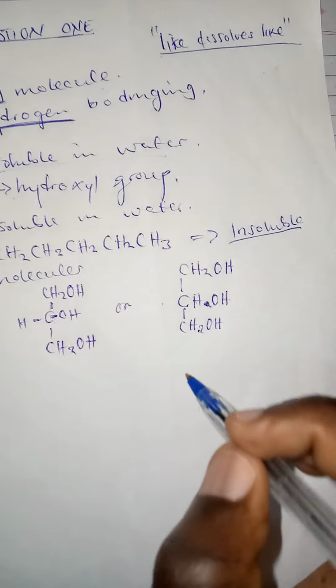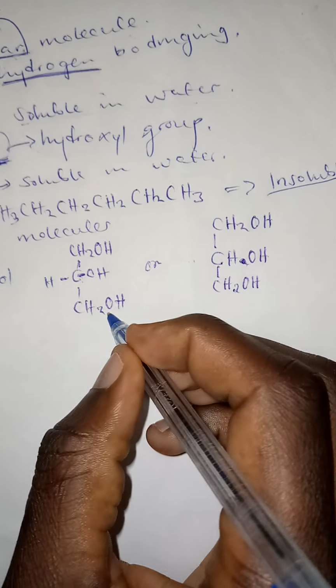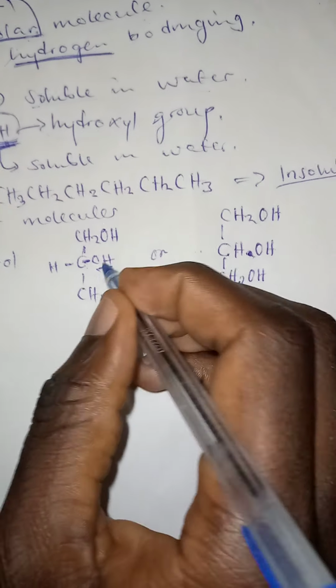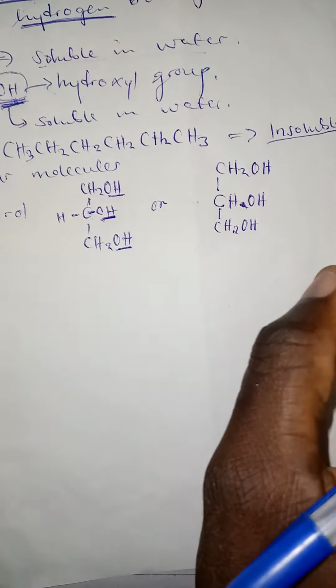This is the glycerol. What you discover is that it has these 3 hydroxyl groups, and if it has these 3 hydroxyl groups, it means what? What did we say about water molecules? We said the characteristic of water molecules, when we started, is that it is polar. Then it also has hydrogen bonding in it.